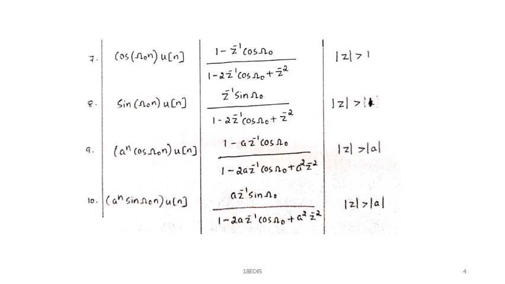If I look at equation numbers 7 and 9, the change is that here we are multiplying with a. In the denominator also you can observe there is 2a, and here you will get a square. And its ROC is mod Z greater than mod a.